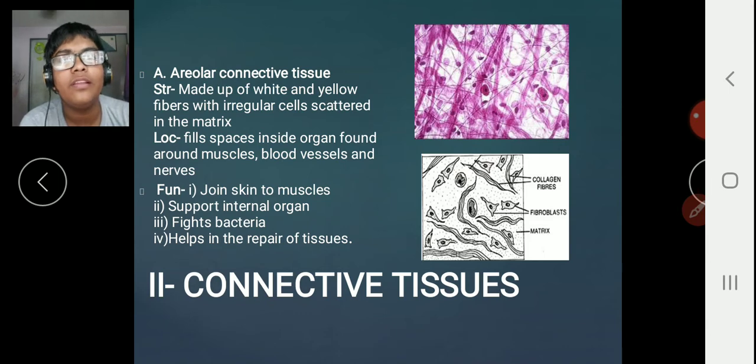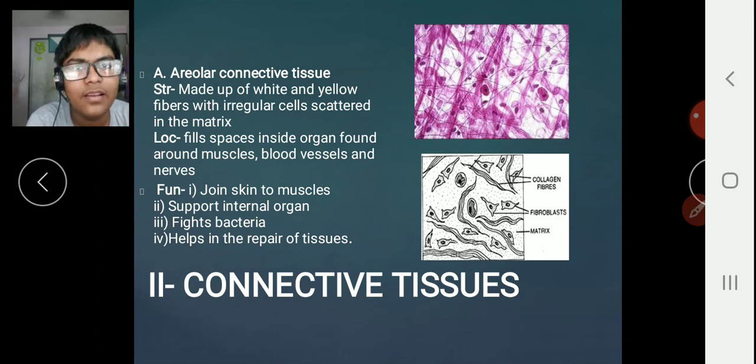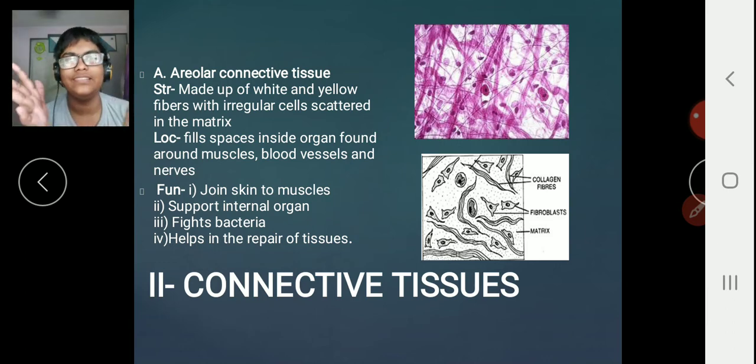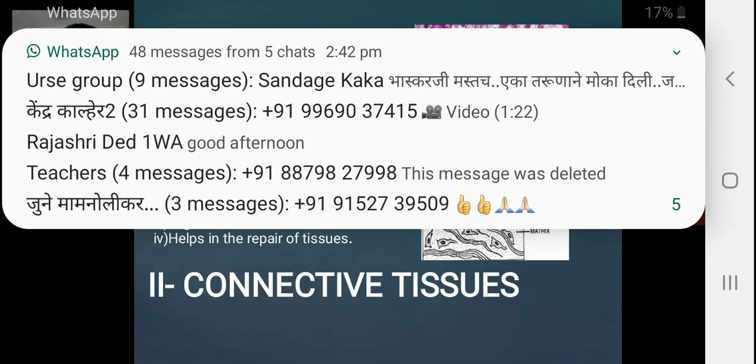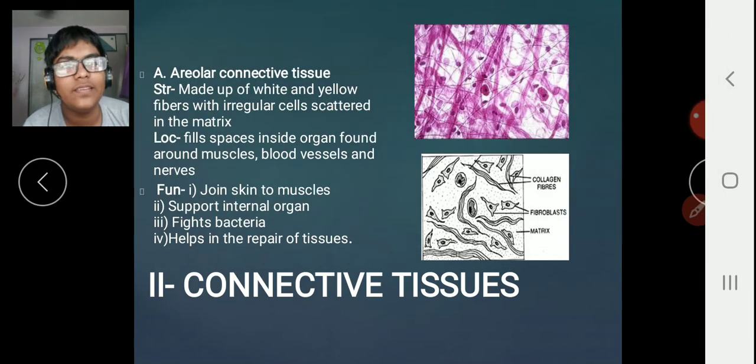Whatever spaces are there inside an organ or around the muscles, near the blood vessels and nerves, it fills up those spaces. There are no blockages, it just fills up the spaces. There are no empty spaces present, otherwise it would be difficult for us.